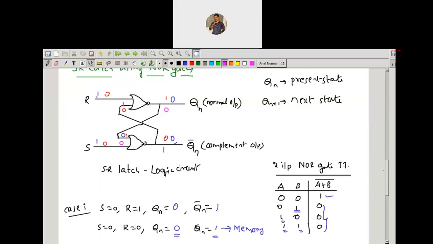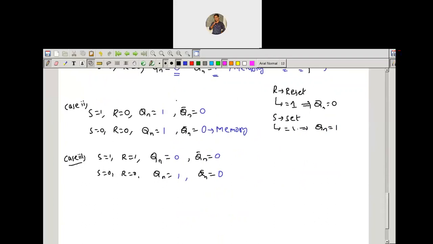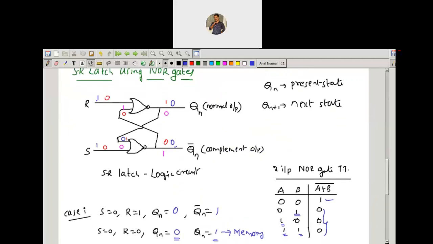So in this case, the outputs you are getting are Qn equal to 0 and Qn bar equals 1. That is, for the same case, S equal 0, R equal 0, you are getting different outputs.